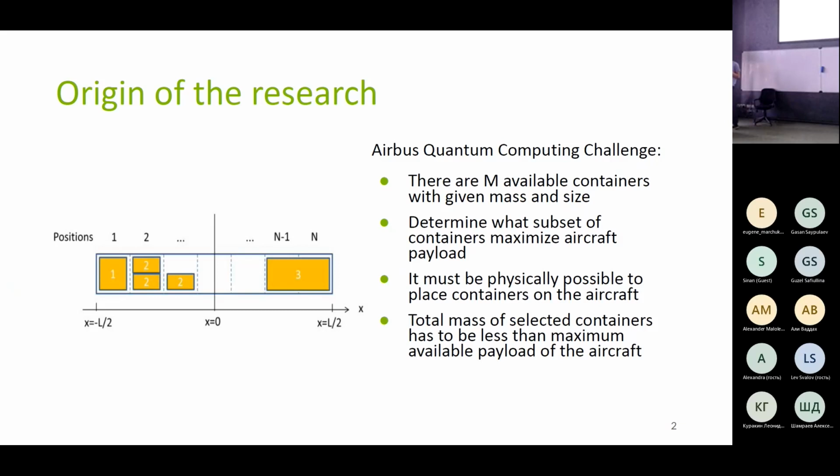Mathematically speaking, it's just some variation of the well-known knapsack problem with additional constraints. But we wanted to keep the task as simple as possible. I'll explain later. So in our case, we just wanted to know which subset of containers gives the maximum mass while not exceeding the total weight limit of the plane.